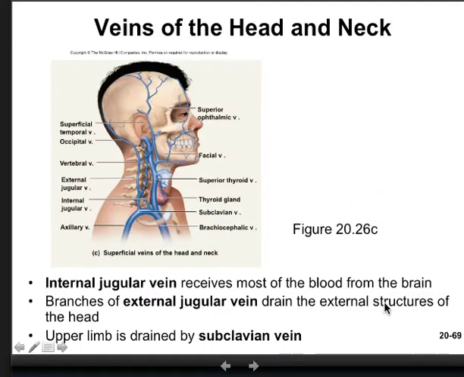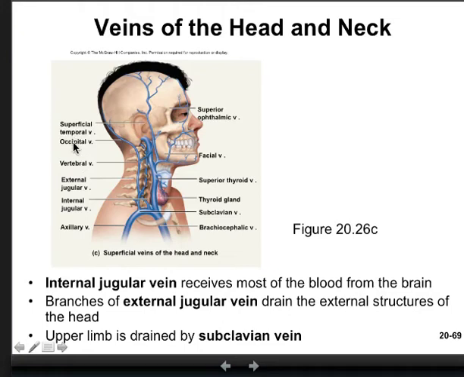The internal jugular vein receives most of the blood from the brain. Branches of the external jugular vein drain the external structures of the head, and the upper limb is drained by the subclavian vein. And so here you can see the external and internal jugulars, the vertebral vein, the occipital, temporal veins as well.